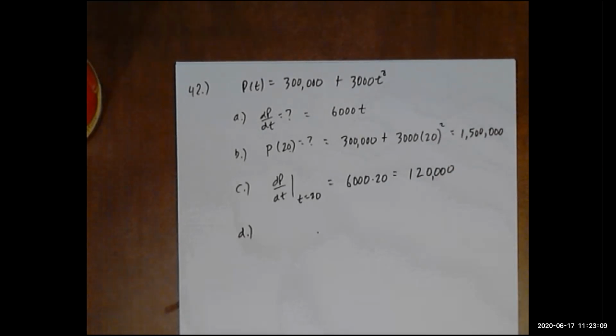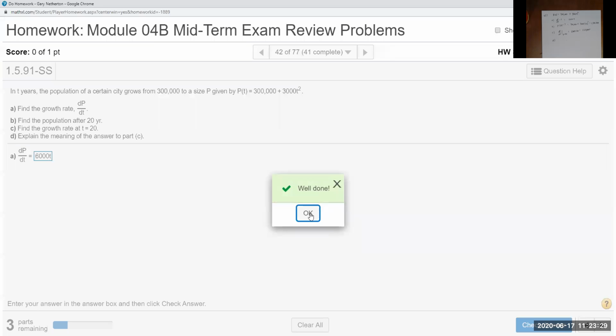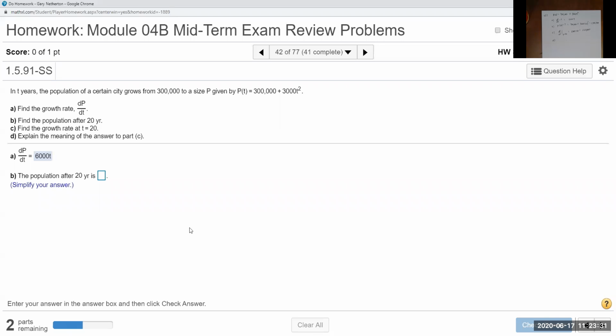So these are the numbers, and we'll see what D is all about. The dP/dT, I said, is 6,000 T. And then the population after 20 years, we said, is 1.5 million.